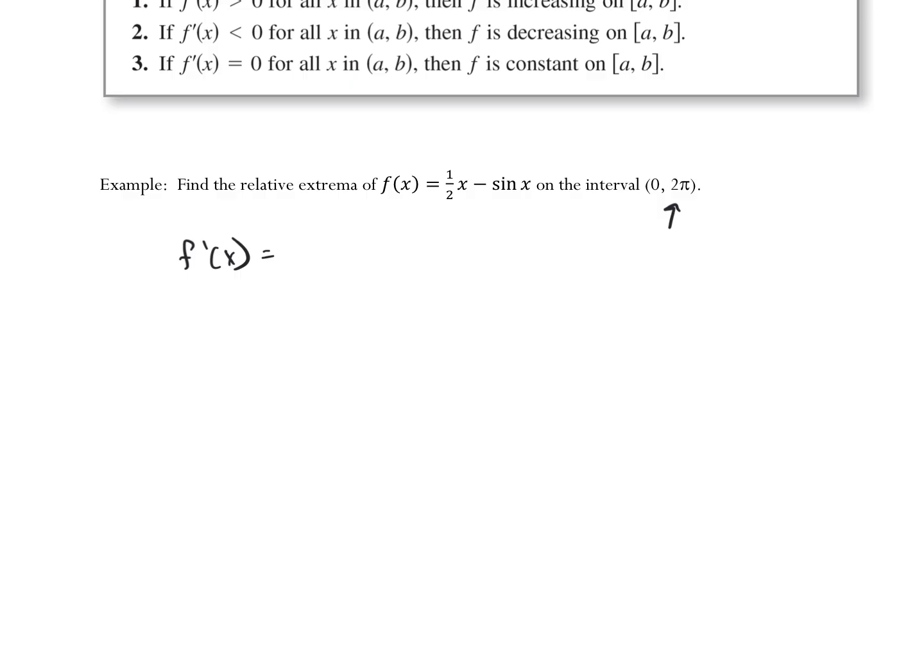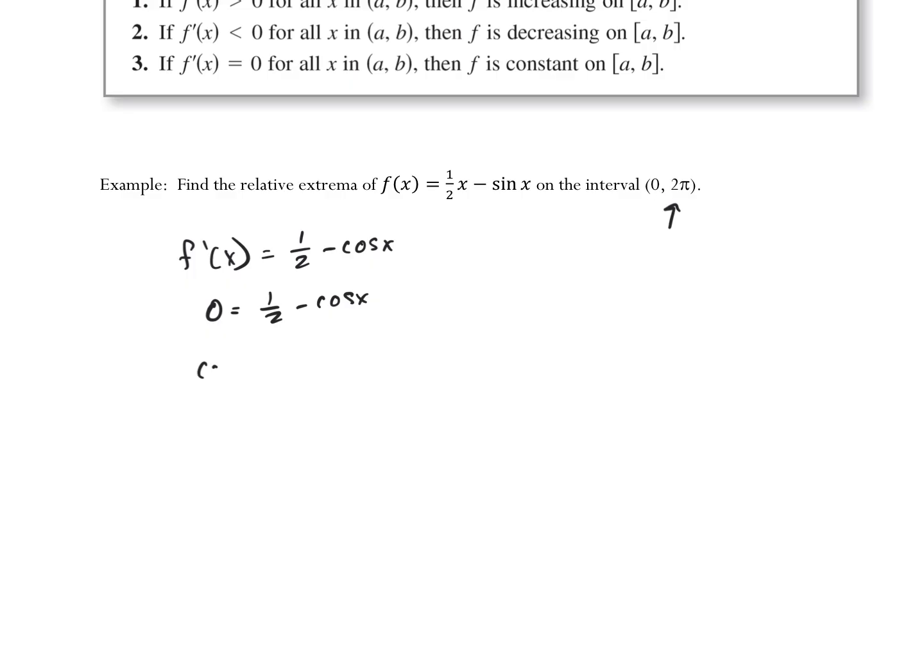1/2 minus cosine x. All right, so the next thing we're going to do is decide where on that interval the value of this is positive versus negative. Can we all agree that you can't go from negative to positive without passing through 0? So we find those critical values by setting it equal to 0, and that's where any changes in the value of the derivative would happen.